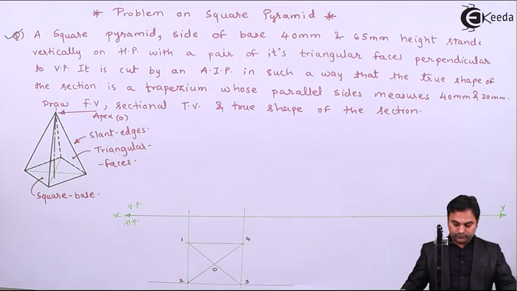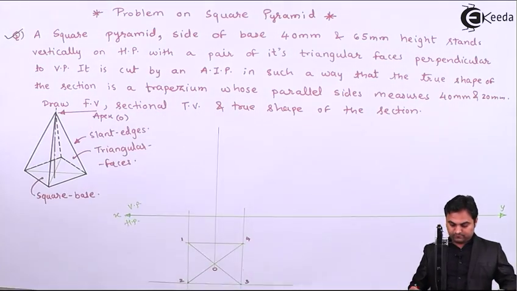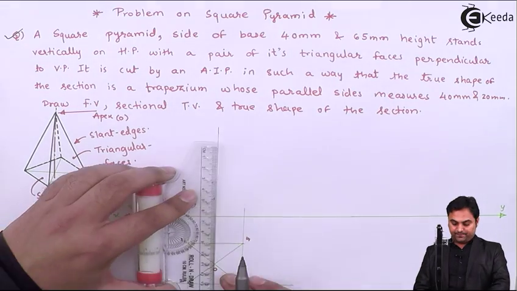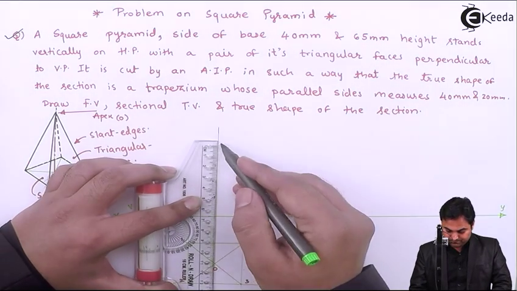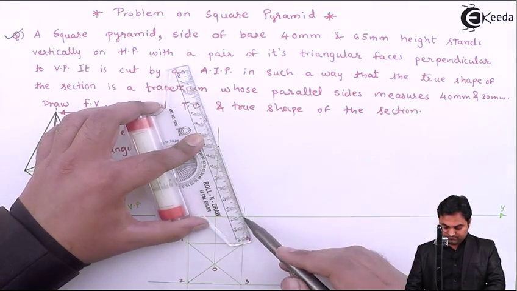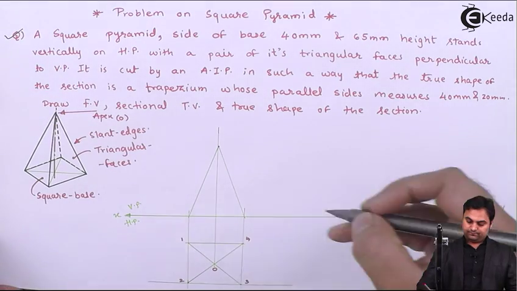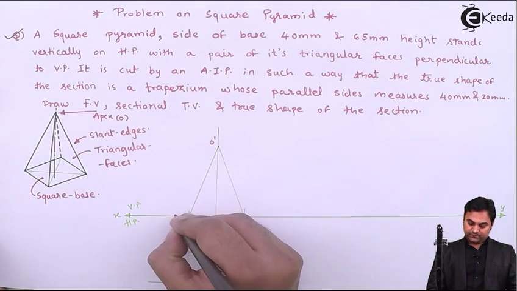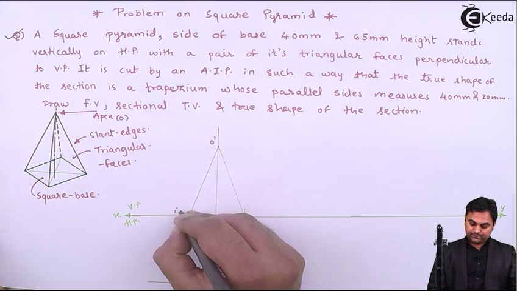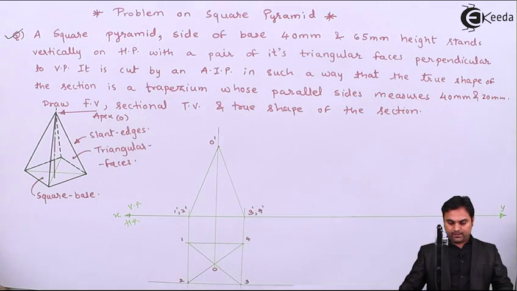Projecting the front view, height is 65 mm. O dash, here we have 1 dash, 2 dash, this is 3 dash, 4 dash.